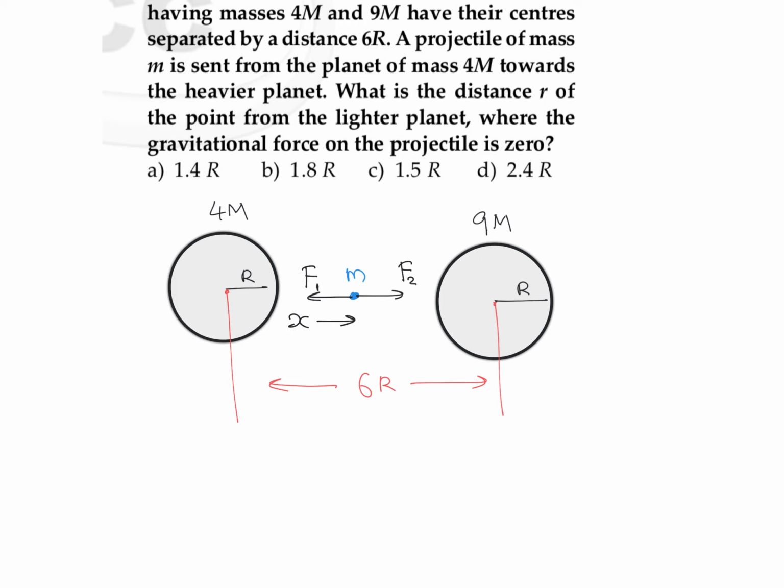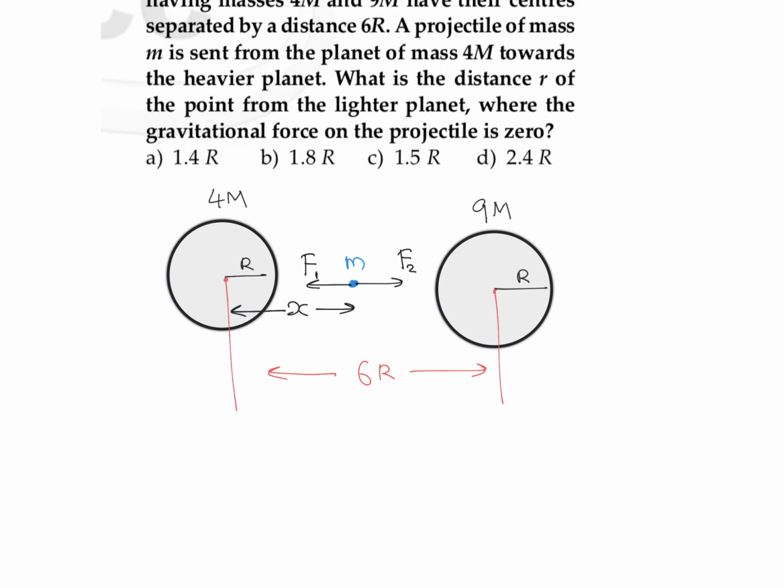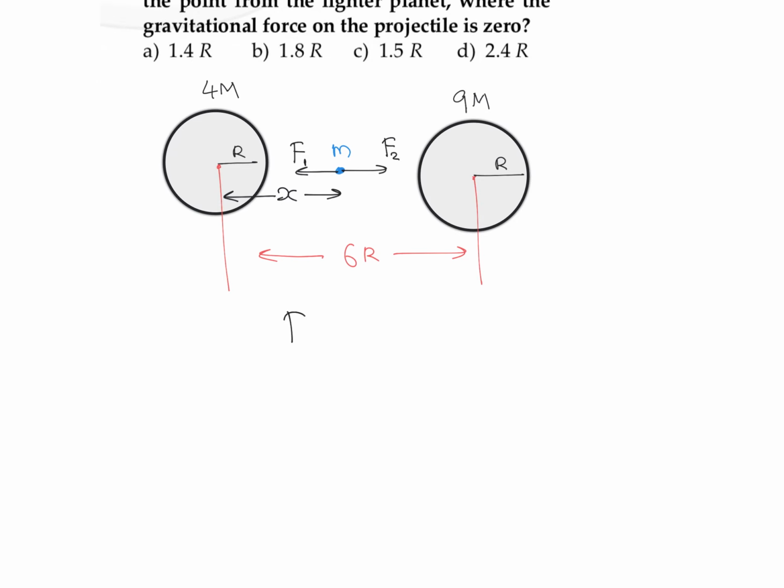So let's say this point M is at a distance x from the lighter planet, the center of 4m, where the net gravitational force is equal to 0. So we can use the concept of a null point, where the value of F1 is equal to F2.